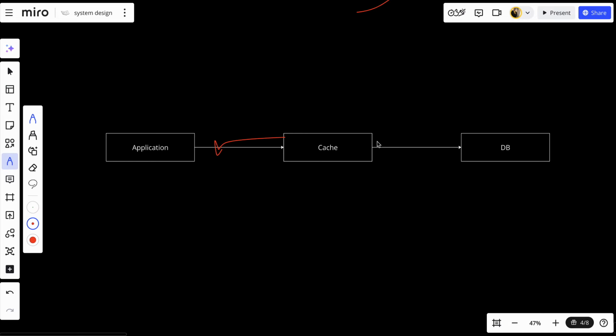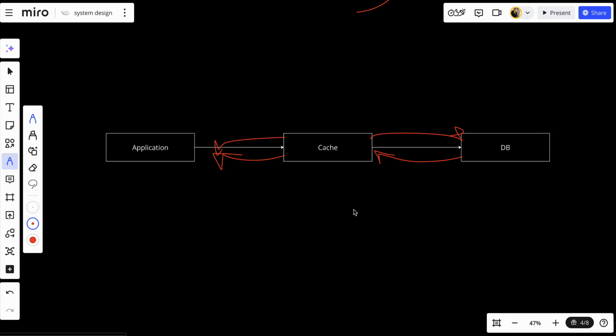If the cache doesn't have it, it will read it from the database, and the database will send it back to the application. This strategy is useful for read-heavy scenarios where the same data is frequently requested, such as news articles or popular posts. Unlike cache aside, read-through cache offloads the responsibility of managing the cache from the application to the cache itself, which can simplify application logic.